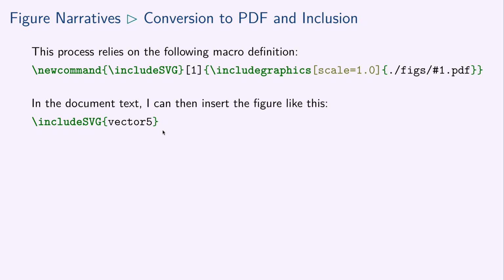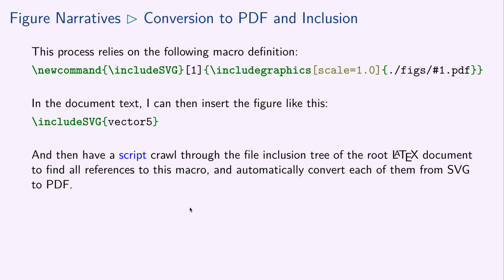So I have that. And then I have a script that essentially crawls through the file inclusion tree of the root LaTeX document to find all references to this macro. And for each of these, it makes sure that we have the PDFs that will be included here.